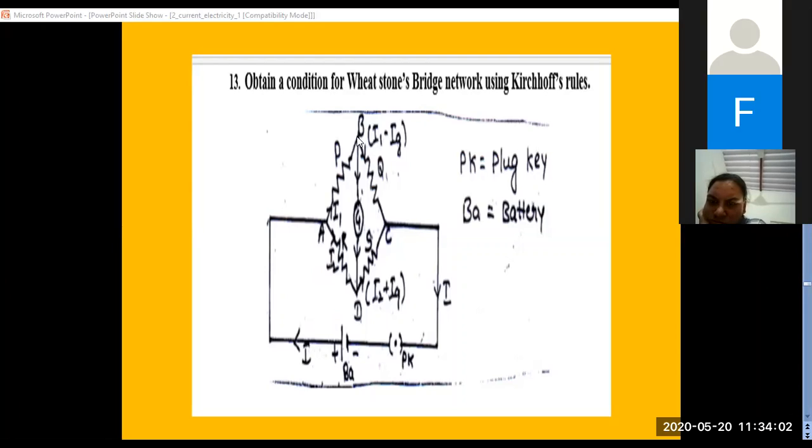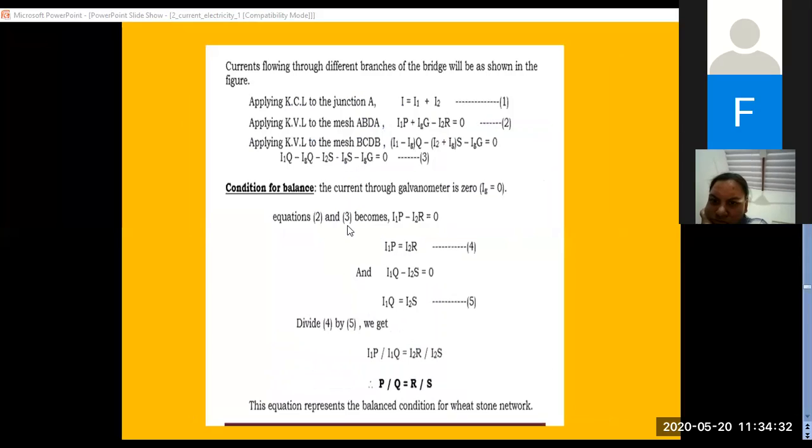Third point, applying KVL to the second part of the loop B, C, D and B: Q into (I1 minus Ig) minus S into (I2 plus Ig) minus Ig into G will be equal to 0. Then multiply: I1 into Q minus Ig into Q minus I2 into S minus Ig into S minus Ig into G should be equal to 0. Fourth important point, for the balancing condition, Ig should be equal to 0.